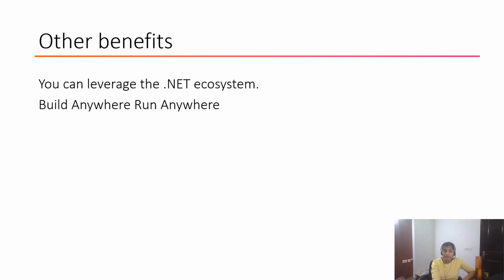And apart from it, you can build anywhere and run it anywhere. It can be used on Linux, Mac, and Windows, just like the rest of .NET, and it is open source and free. So .NET for Apache Spark is available by default in Azure HDInsights and can be installed in Azure Databricks, Kubernetes services, AWS Databricks, AWS EMR, and much more.